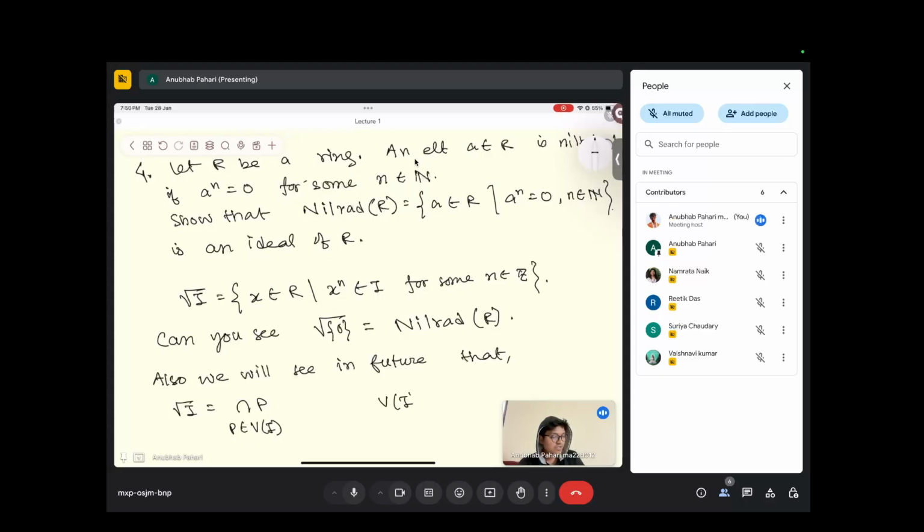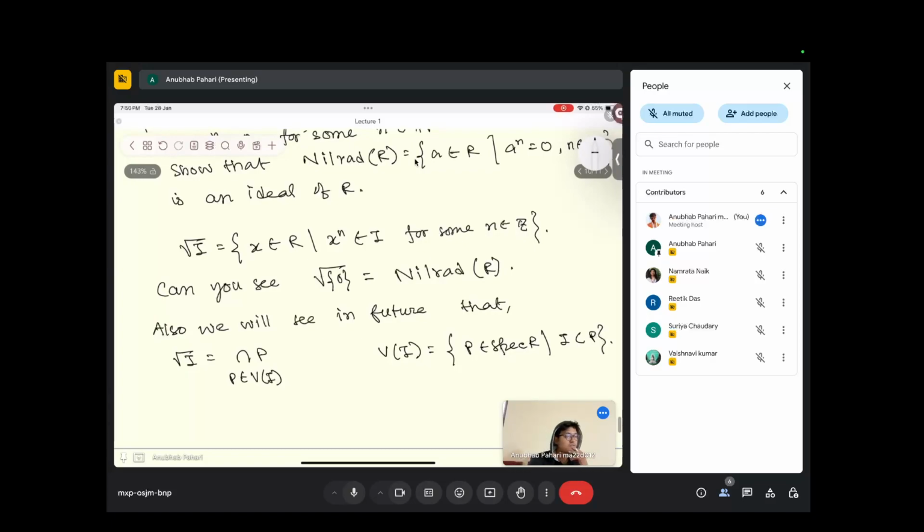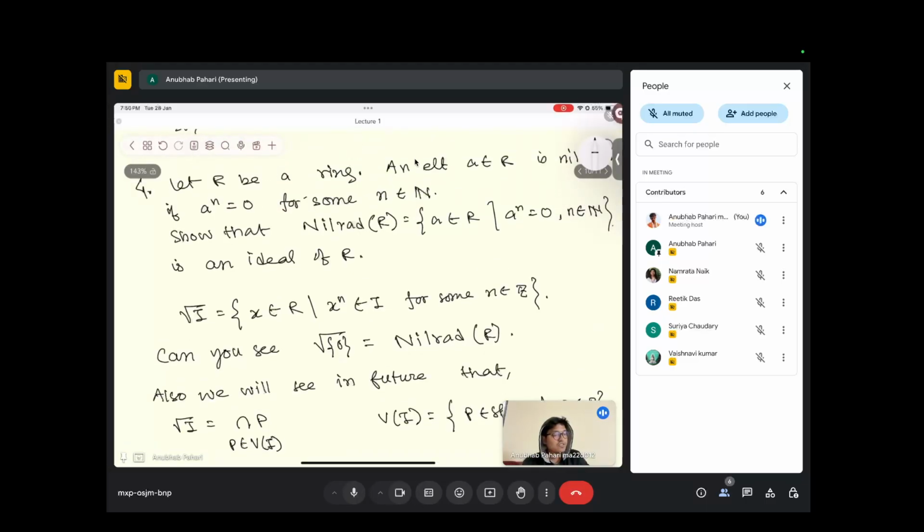I told you now what is V(I), that is P from Spec R such that I is contained in P. So actually what is the nilradical then?